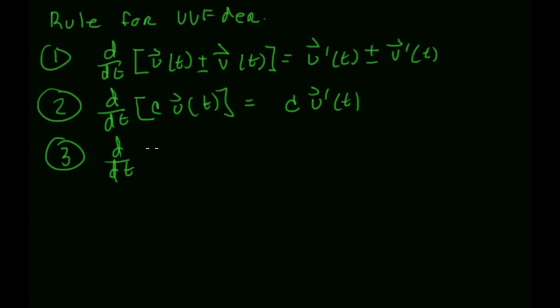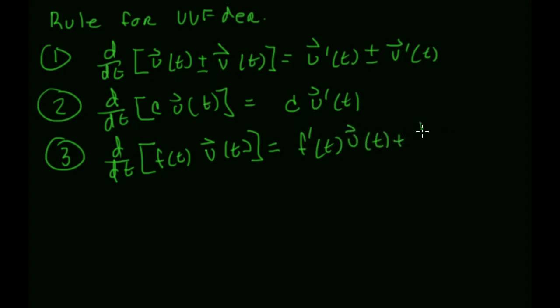What happens if I multiply a regular real valued function times a vector valued function and try to take the derivative? Well, you get the derivative of the first times the second plus the first times the derivative of the second. So it's just the product rule, right? That's pretty straightforward. Nothing unexpected there.